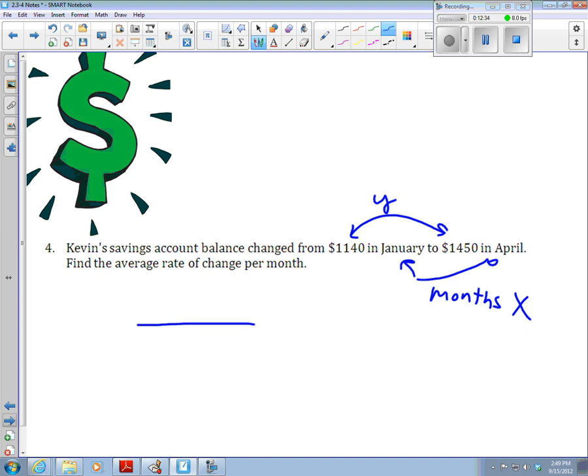First of all, the money amounts on top, that's your Y's. 1450 minus 1140 all over, well, January to April. January, February, March, April. That's 4 months. So I'm going to put a 4 there. Subtracting these, you should get 310 over 4.